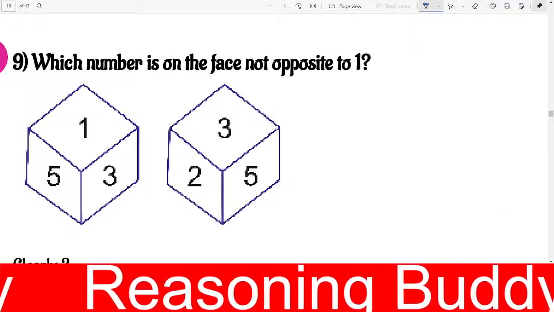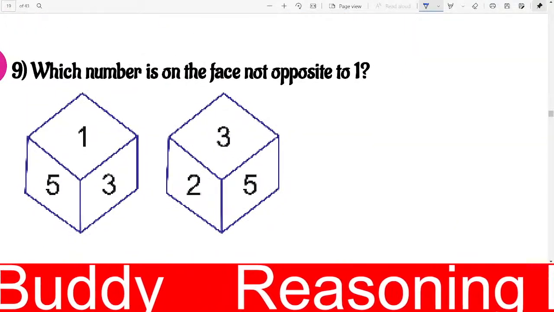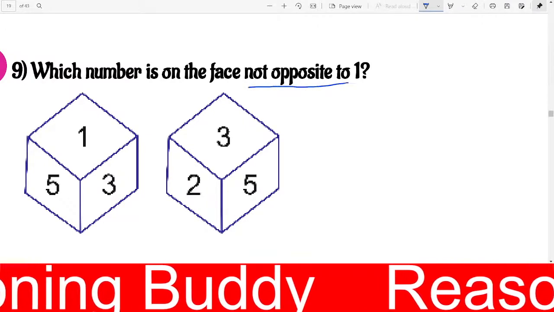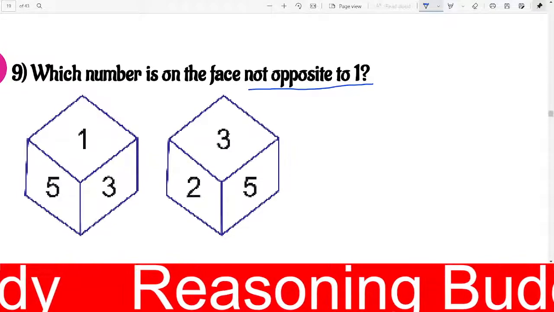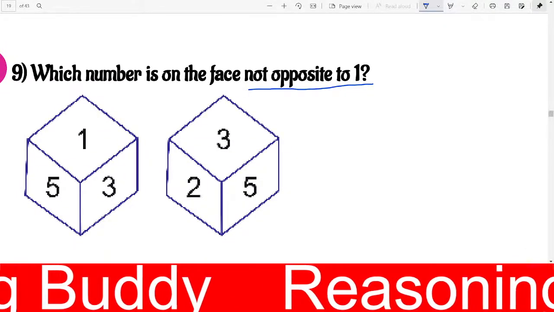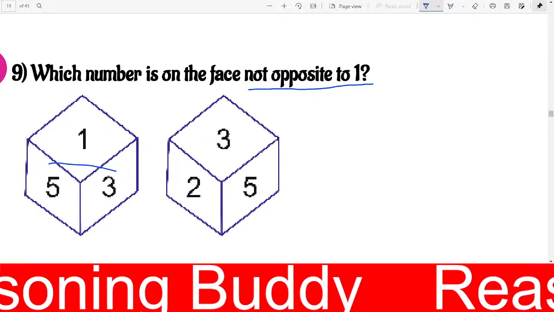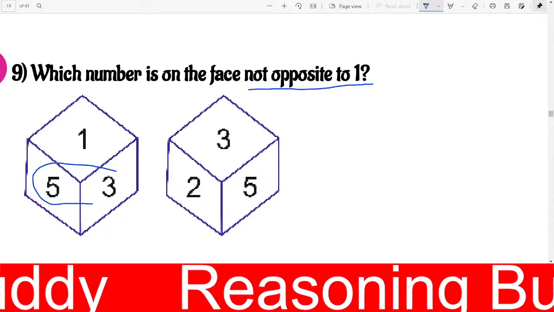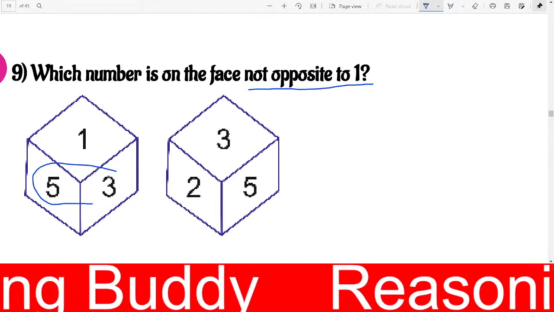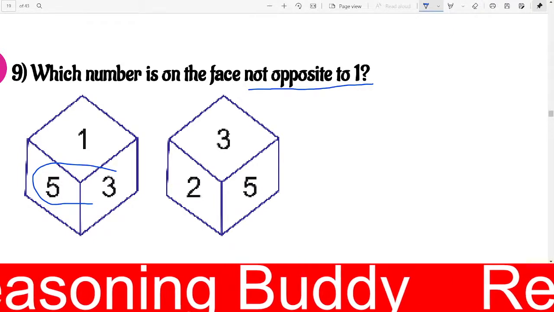Okay, next. Here they asked for not opposite to 1. Which number is on the face not opposite to 1?